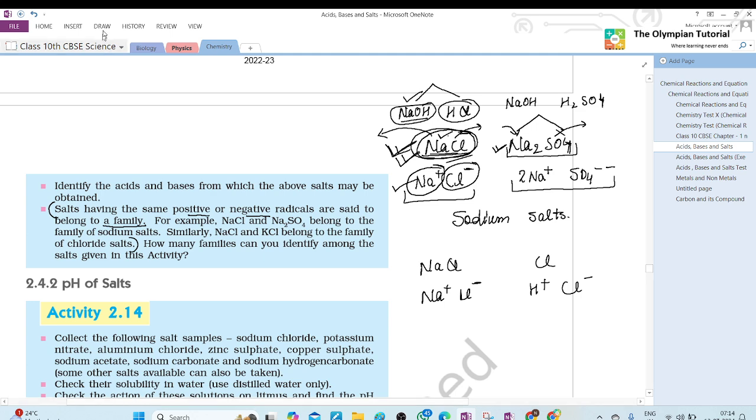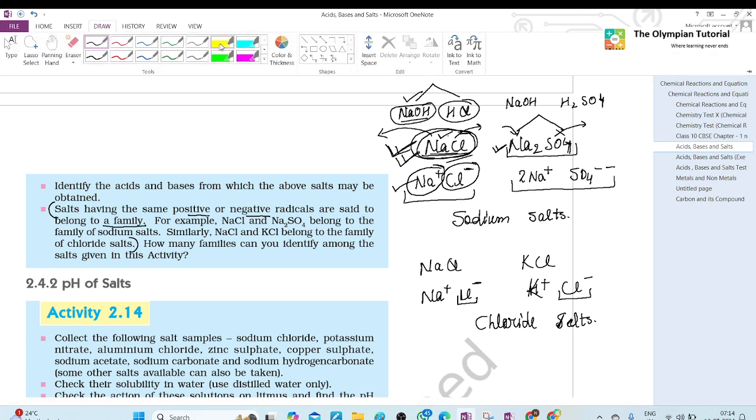Here it will be KCl, K plus Cl minus. So in both, the negative radical is Cl, chloride. So they belong to the same family, that is chloride salts.